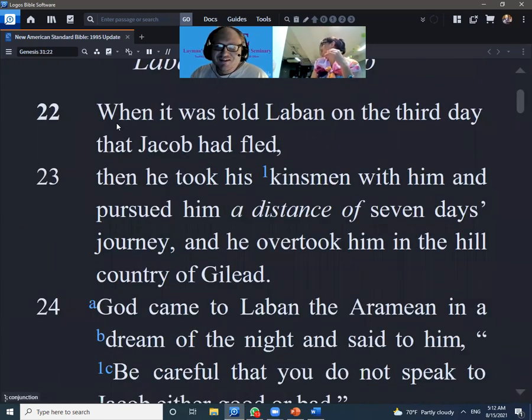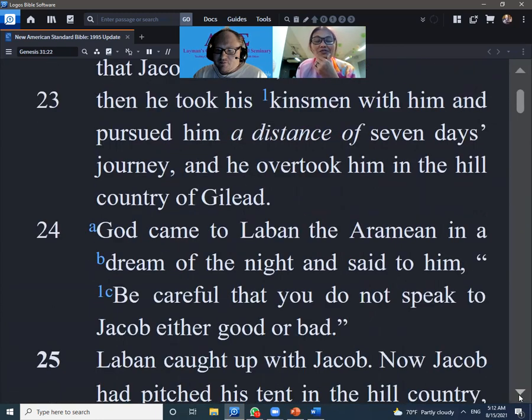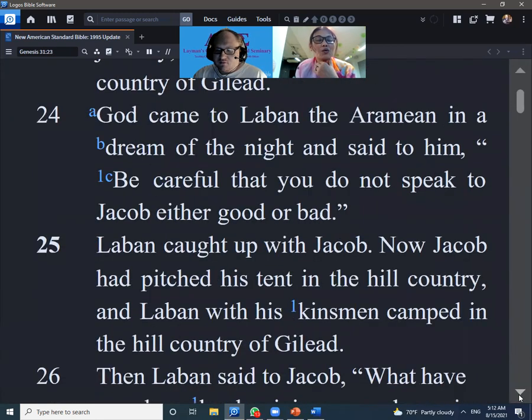When it was told Laban on the third day that Jacob had fled, he took his kinsmen with him and pursued him a distance of 7 days' journey, and he overtook him in the hill country of Gilead.